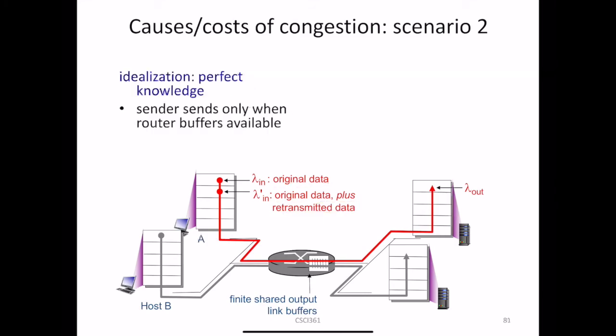So here, suppose the sender has perfect knowledge or information from the routers. That means the sender sends only when router buffers are available. If that's the case, the output is still R divided by 2.